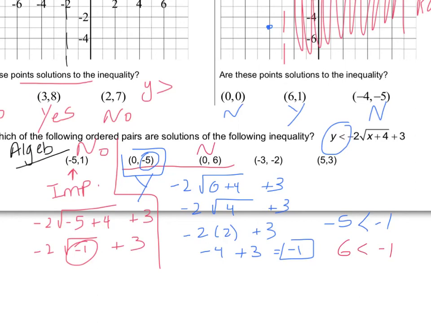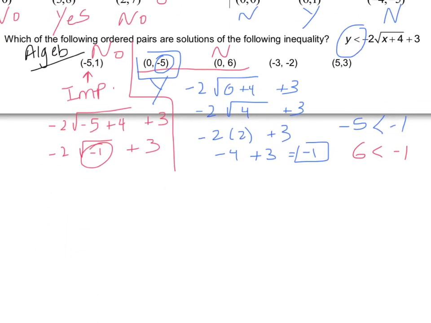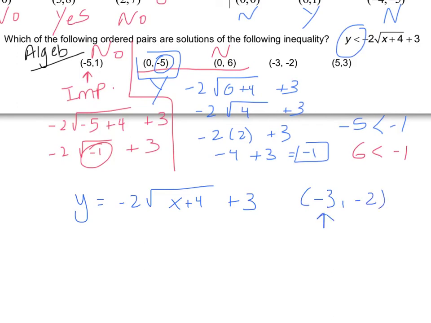Now let's try one more and then you do the last one on your own. So y equals -2 square root of x plus 4, plus 3, and I'm going to check if this is part of the solution. Plug in x equals negative 3 and solve it. Now square root of negative 3 plus 4 is a 1, so square root of 1 is 1.